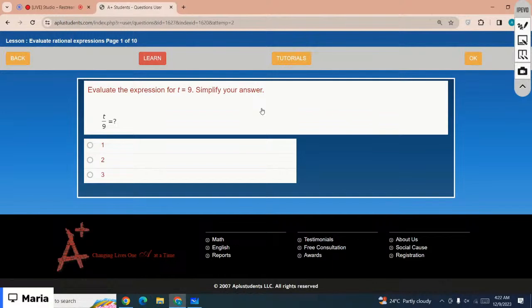The expression is t over 9. Yes, it is. 9 over 9 equals 1. The correct option is 1.